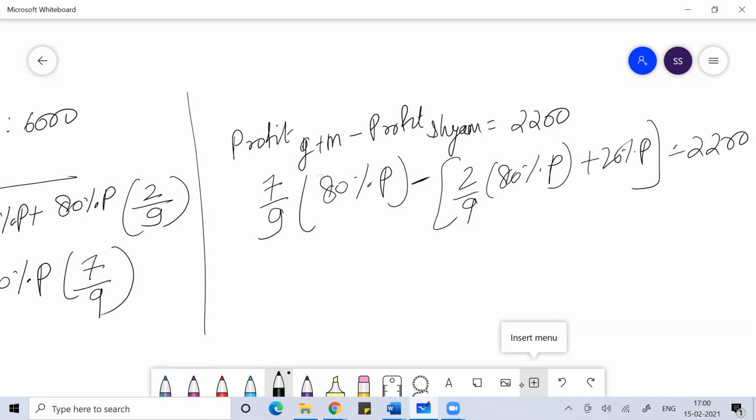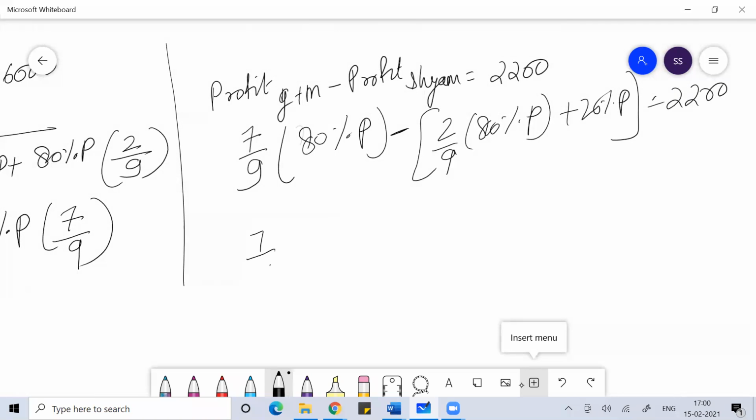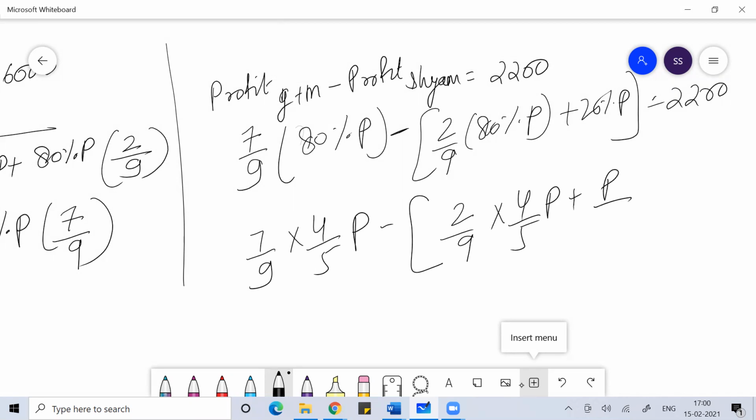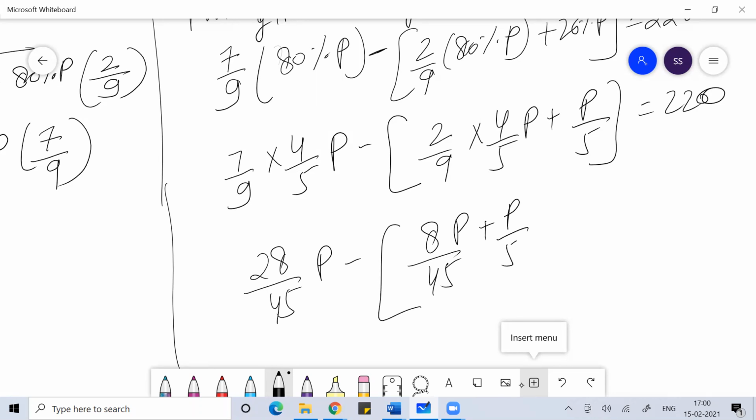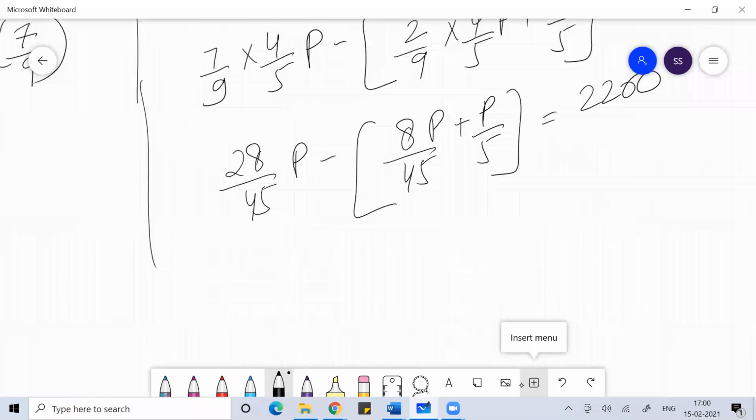80% is 4 by 5. I think everyone knows this. I can write this as 4 by 5 p minus 2 by 9 into 4 by 5 p, minus p by 5, this is 2200. I can write this as 28 by 45 p minus 8 by 45 p minus p by 5 is equal to 2200. You solve this.